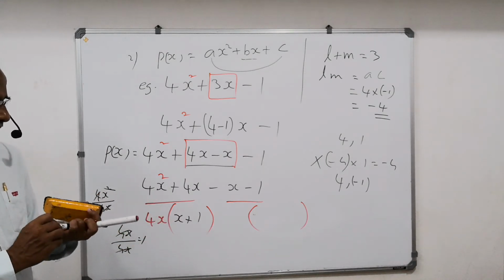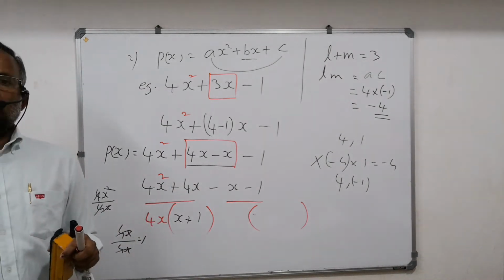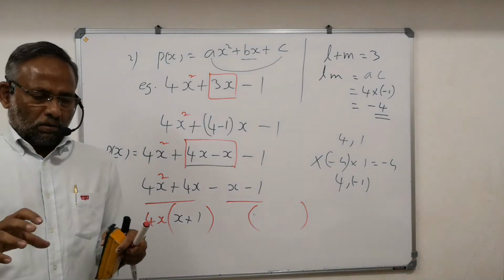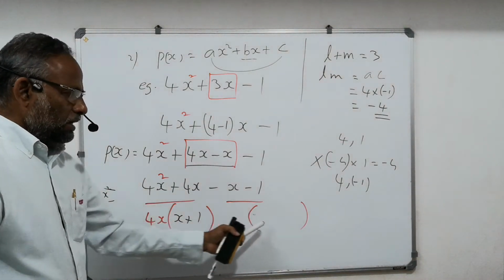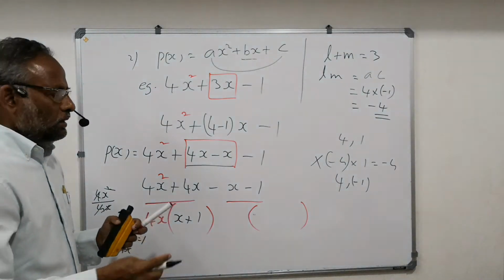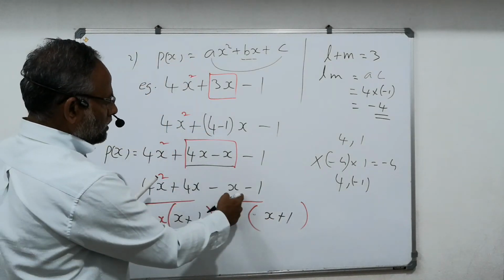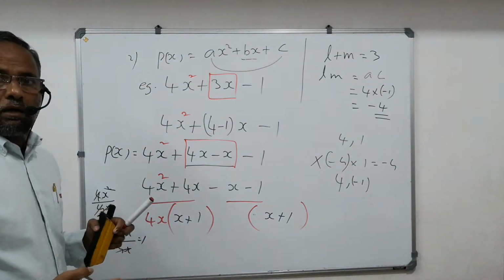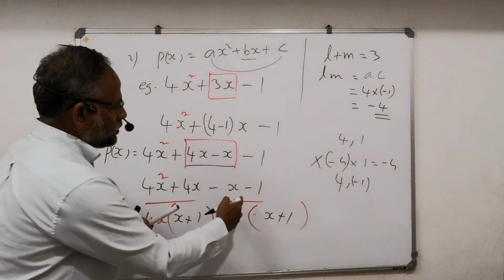What I am telling is, after getting x plus 1 in this red bracket, you have to put the same thing here. What is this? x plus 1. So put the same thing, x plus 1. Now look, it is x minus 1. Okay, doesn't matter, don't be scared. x minus 1.